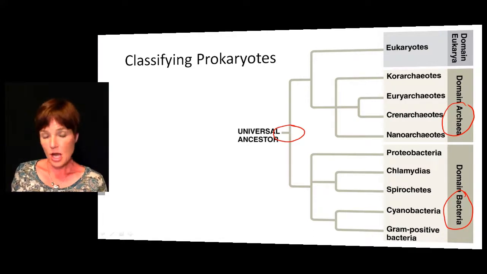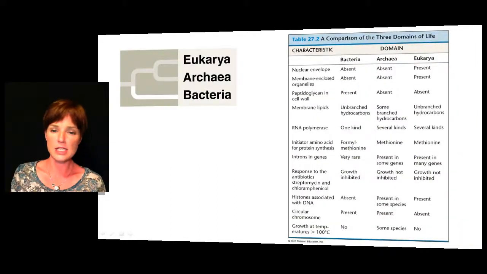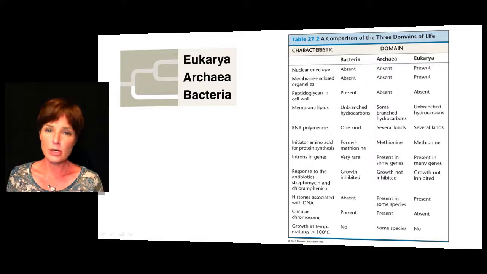When we typically talk about prokaryotic cells, we're usually focusing in on the bacteria ones, but we do want to keep in mind that that Archaea domain exists as well. Now, this table from your textbook just shows a comparison of the 3 domains with some of their major characteristics.